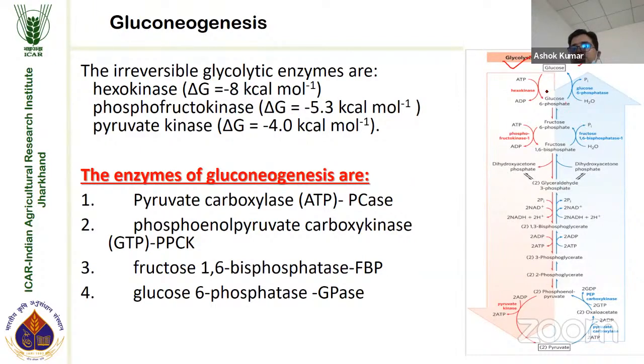Glycolysis and gluconeogenesis are similar processes, only the unique sets of enzymes differ. Here you have PEP carboxykinase, pyruvate carboxylase, fructose bisphosphatase and glucose phosphatase; there you have hexokinase, phosphofructokinase 1, and pyruvate kinase.